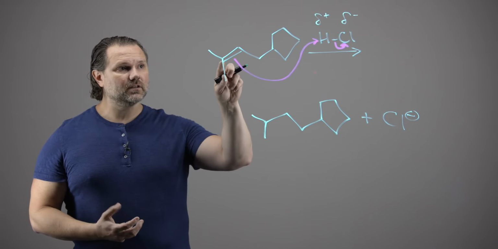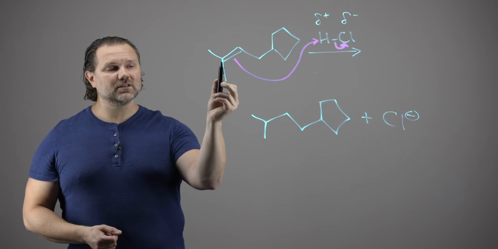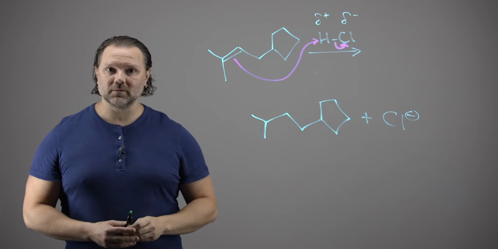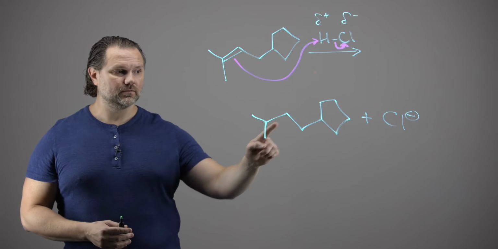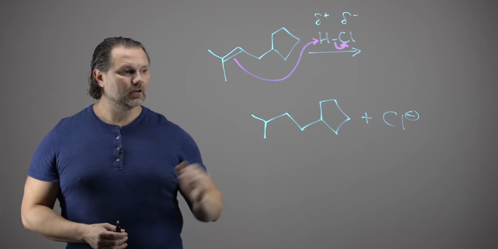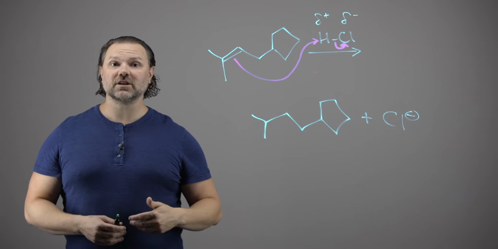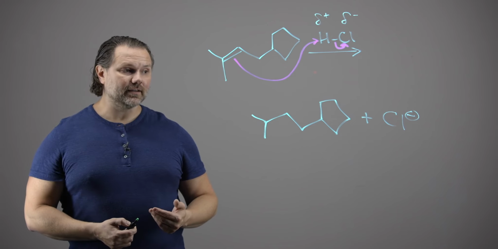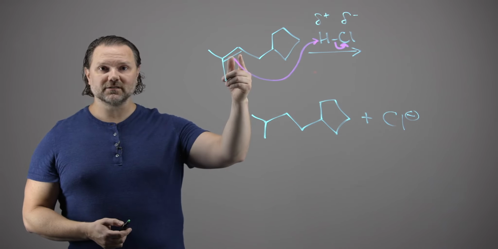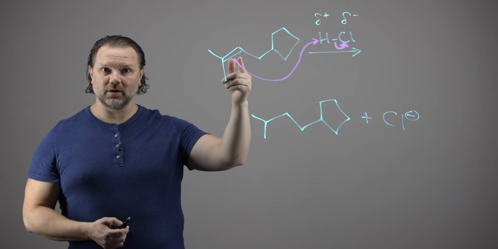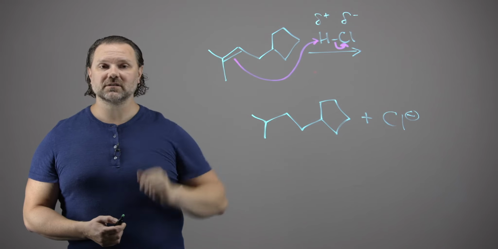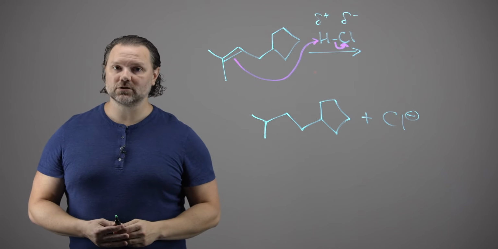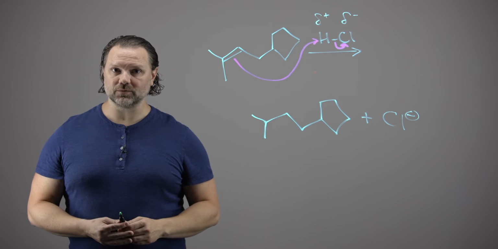So we go back here and we look. If it had been this carbon that gained the proton, then the other carbon would have the formal charge right here. That carbon is secondary, so that would generate a secondary carbocation. On the other hand, if this carbon formed the new bond with a hydrogen, then the positive charge would be over here, and that's a tertiary carbocation that would form.